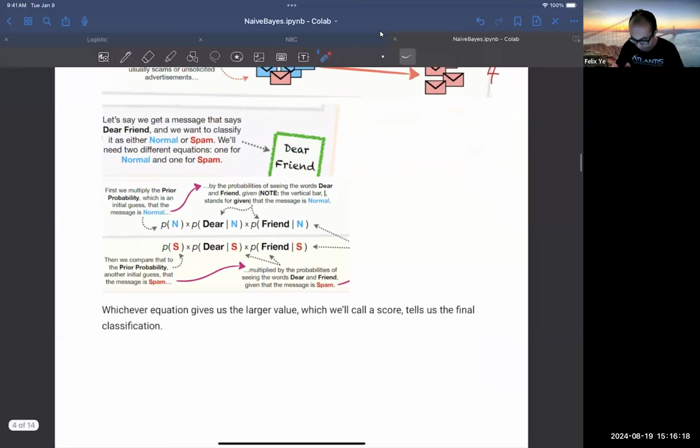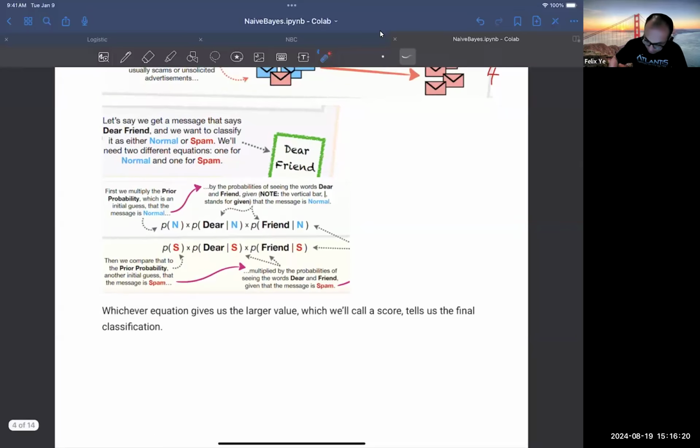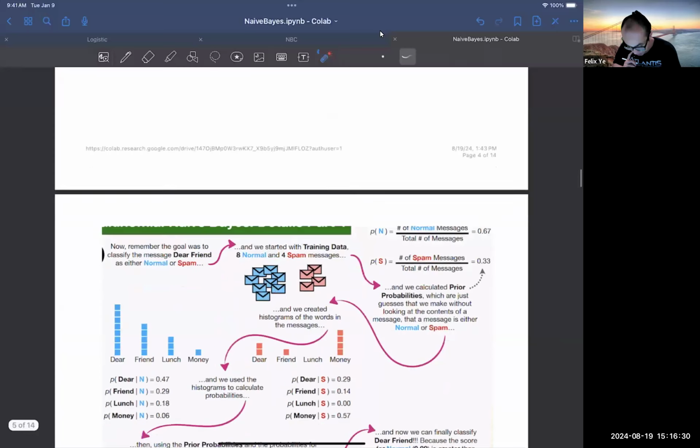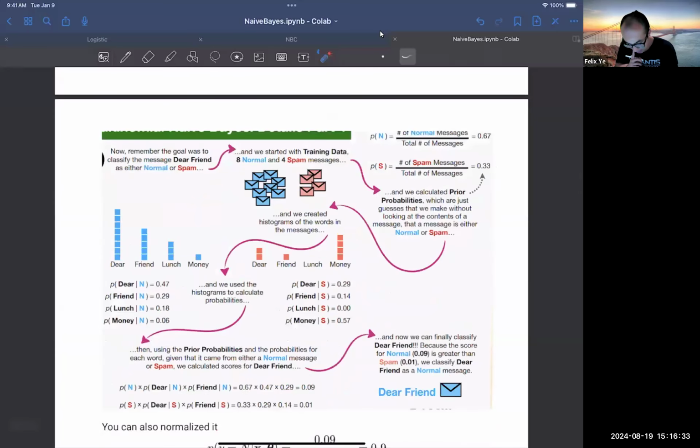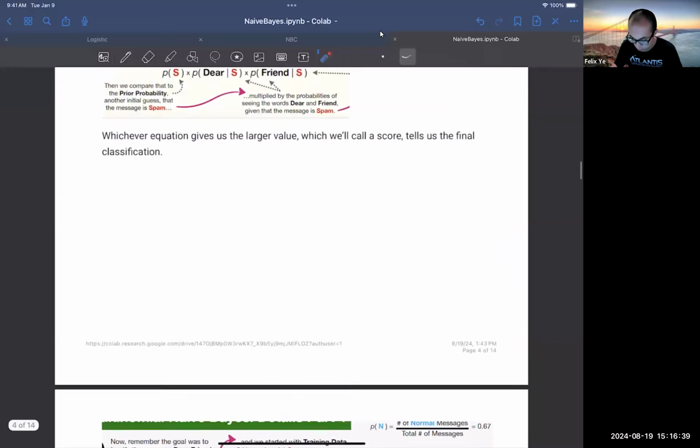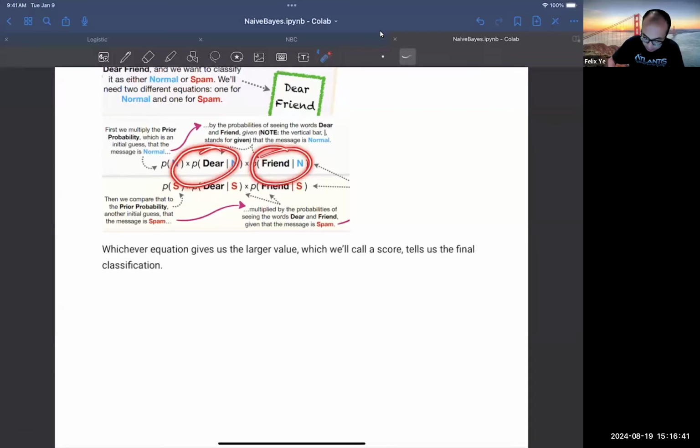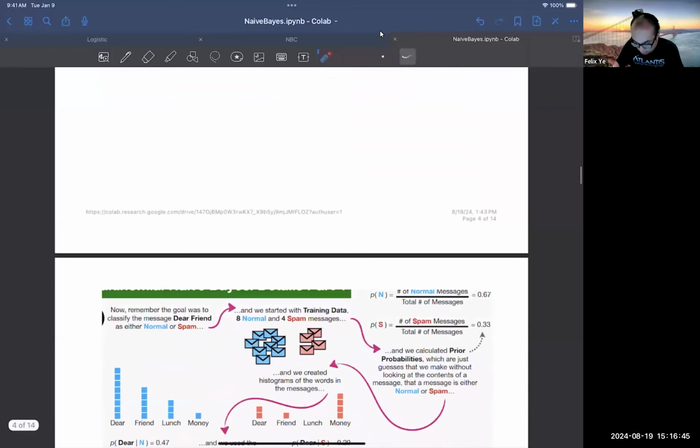Whichever gives a larger value gets the higher score, and by the end of the day, it gives us the final classification. Now we need to find out these probabilities.